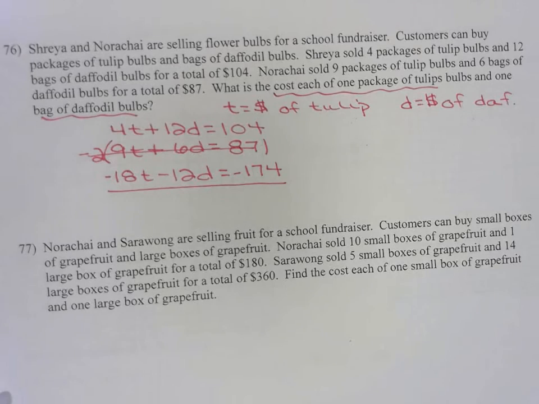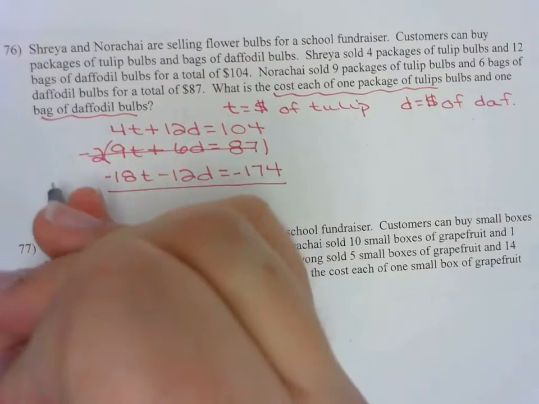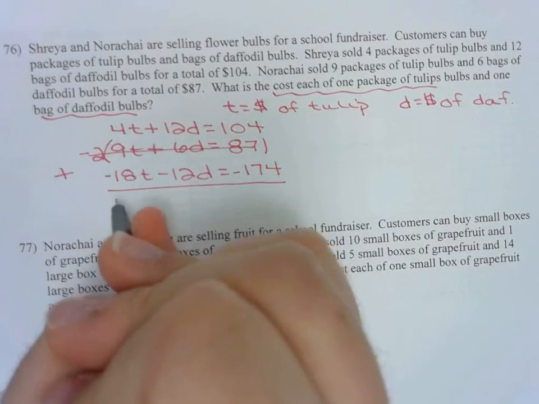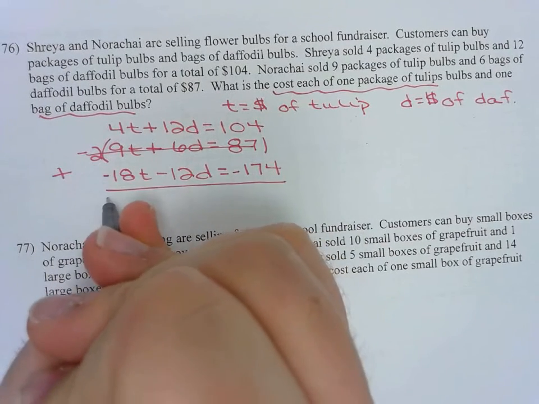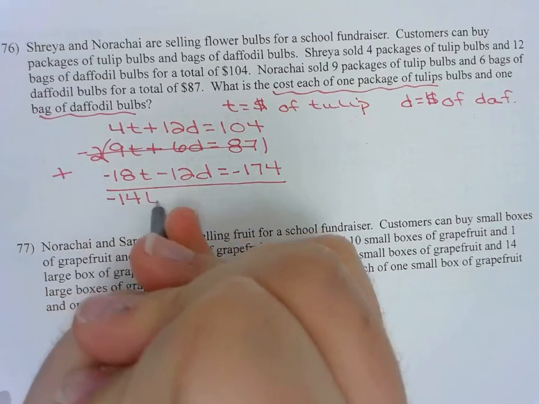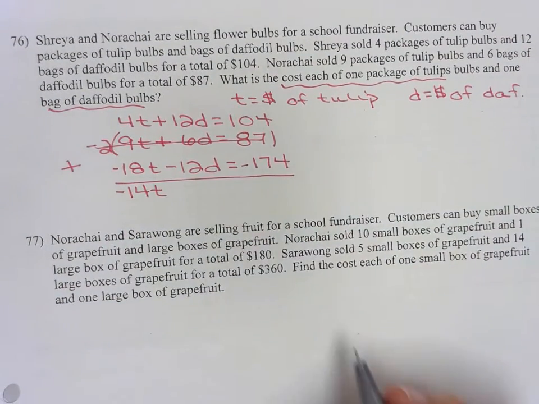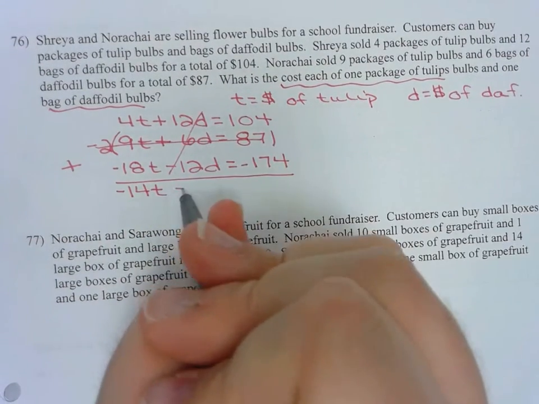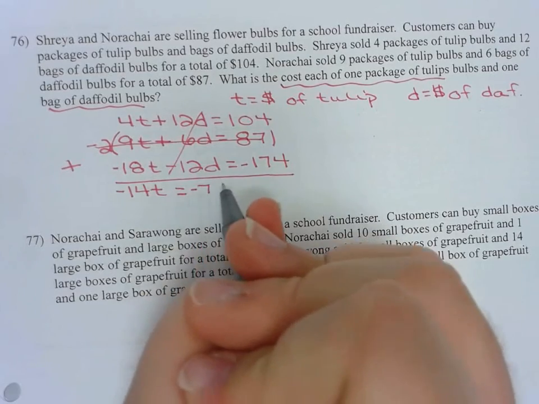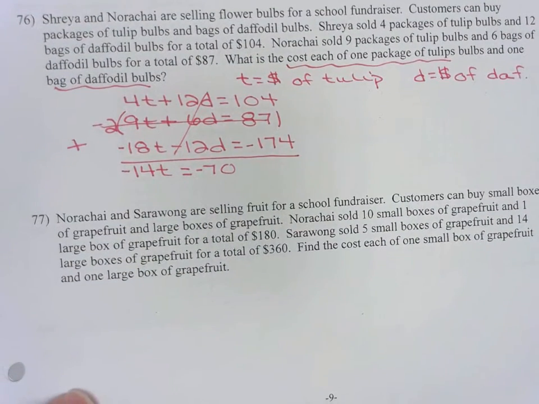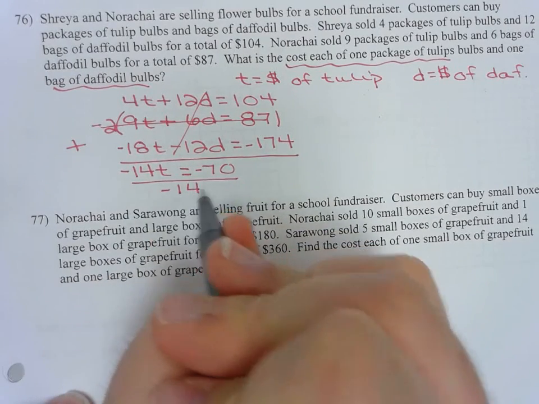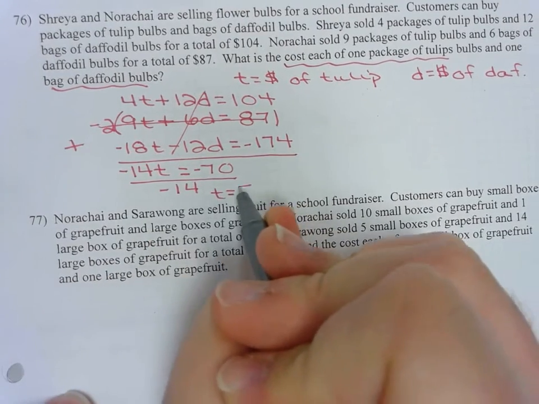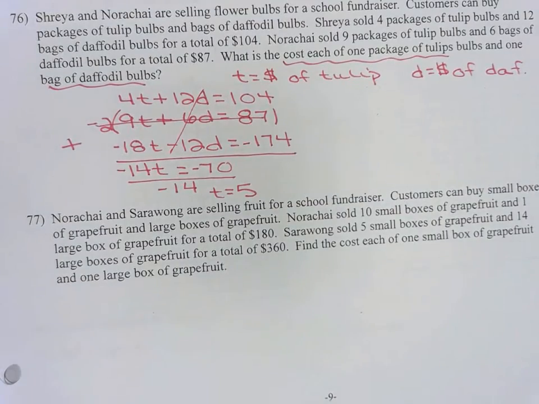So as I add down, what am I left with for my T's? 4 plus -18T, -14T. D's cancel, equals what? -70. Divide by negative 14. T equals what? 5. Should be a positive 5.